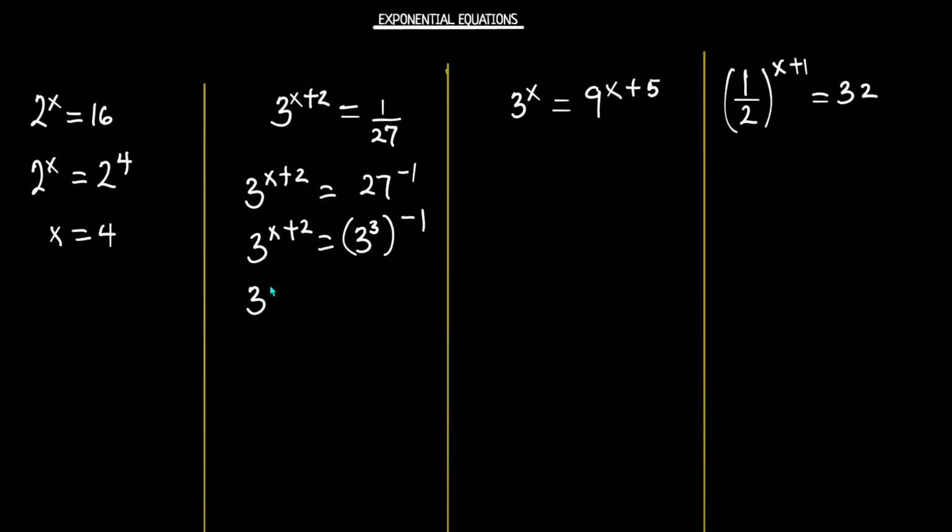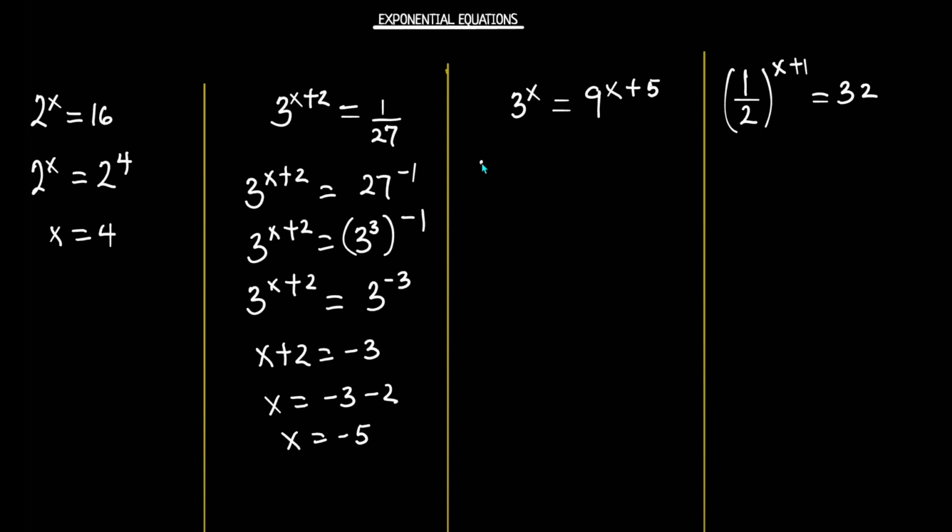So this gives 3 raised to the power of x plus 2 equals 3 raised to the power of negative 3 as we take the product. Now they have the same base. Now you equate. You have x plus 2 equals negative 3. x equals negative 3 minus 2. x equals negative 5.